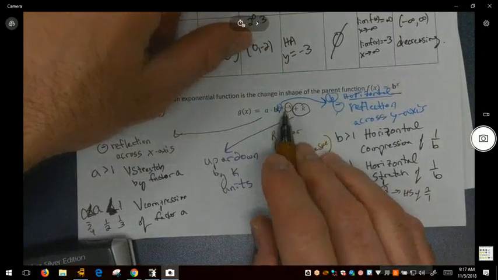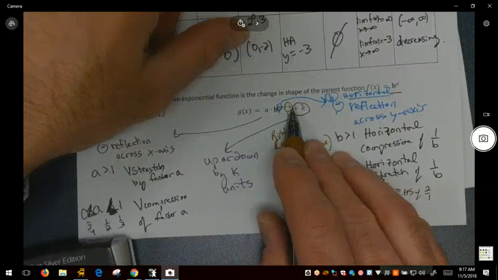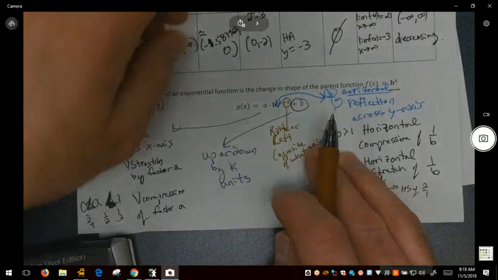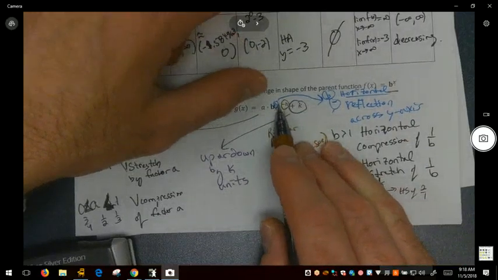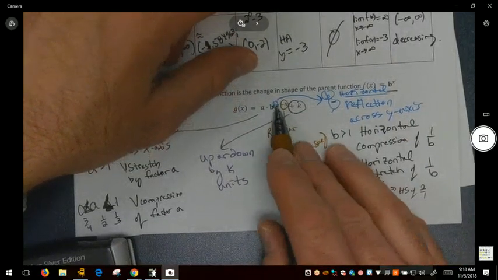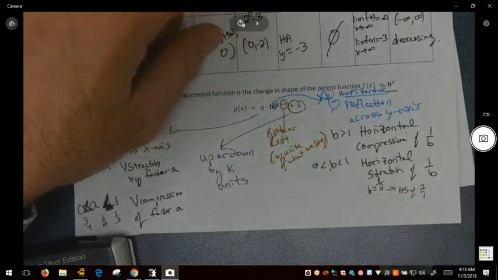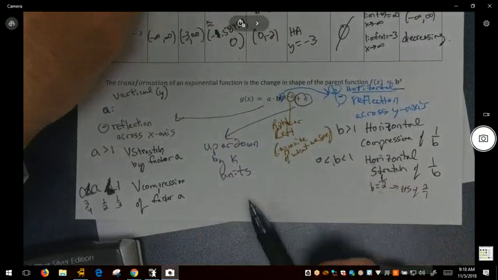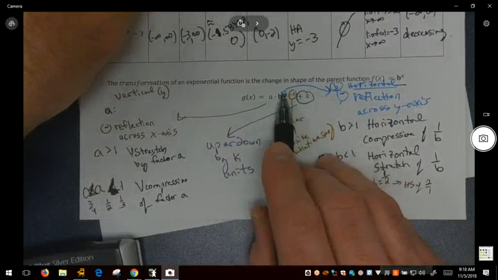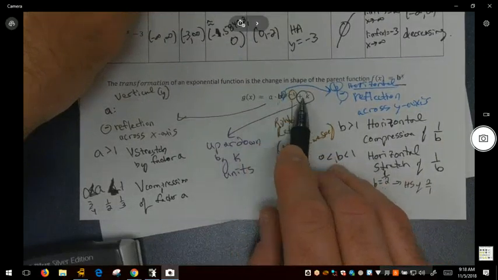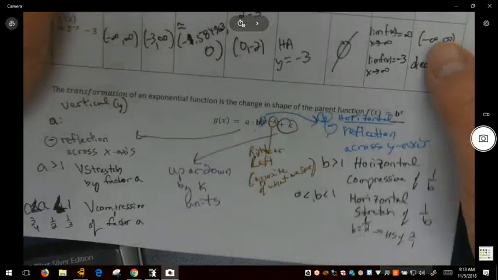If it's in the exponent, if it's a multiplier in x or added or subtracted with it, it is counterintuitive. Now, in fact, we'd actually have to factor b out first, and we'll talk about that as we go, but I don't think it's going to be relevant in this chapter. For now, you're either going to see a multiplier in x or addition or subtraction with x, but when we have them both, we have to be careful.